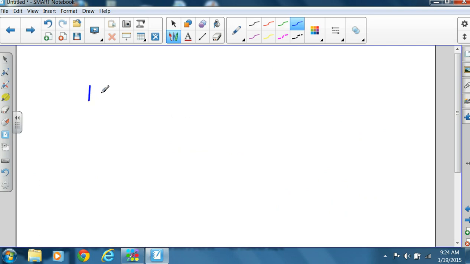So I'm going to go 1 divided by square root. And because I'm in classic and not math print, the parentheses automatically shows up.